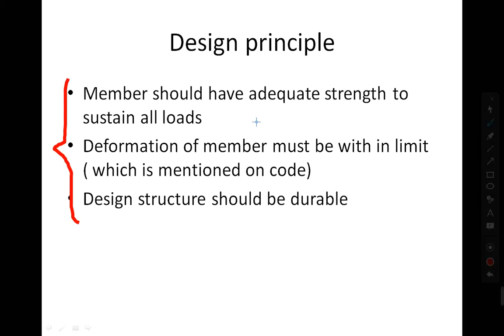This axial load produces axial stress developed inside the member. You calculate the axial stress as P by A, where A is the cross sectional area of the member. So we will get the applied stress.